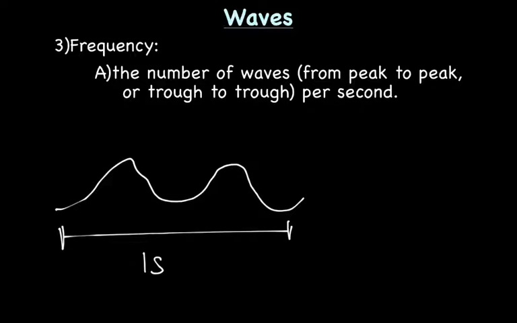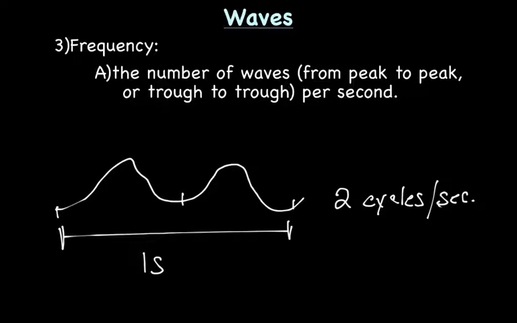We're going from this trough to this trough, that's one cycle, to this trough. So that would be 2 cycles per second.